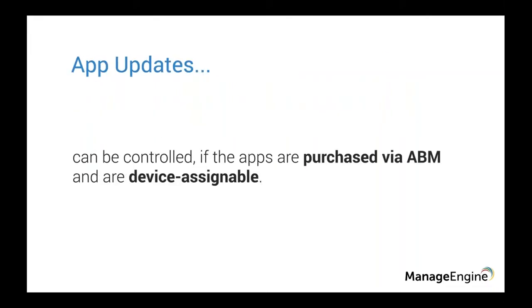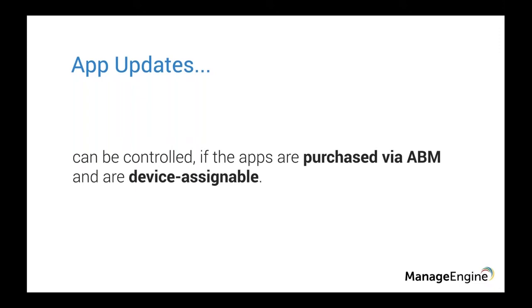Now, you can control app updates if the apps are purchased via the ABM portal and are marked as device assignable, as explained earlier. So what happens when an app is marked as device assignable? Under normal circumstances, a user will get notifications regarding app updates directly from the store onto his device, and he or she can go ahead and choose to either install or ignore that update.